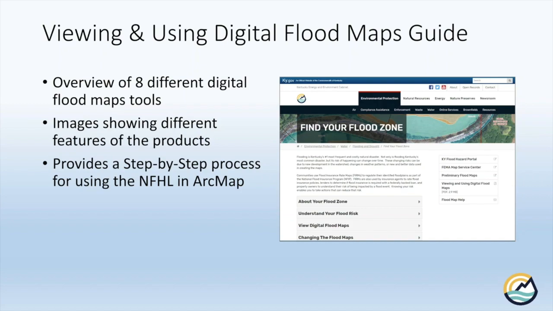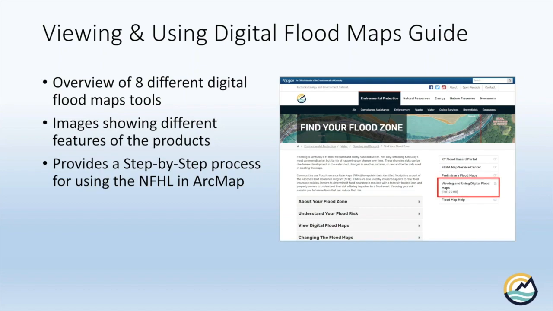For those of you that have ArcMap and are interested in using that National Flood Hazard Layer I talked about earlier, there's a step-by-step process for adding that server or that information into ArcMap in there. It's a 6-step process. It's very simple. If you have problems, though, we have people at the Division of Water that can help you do that. But if you go to that Find Your Flood Zone page, you can download that guide today.